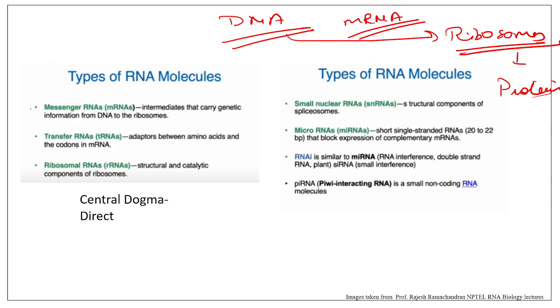This is one. Then there is tRNA, the adapters between amino acids and codons in mRNA. Now, this mRNA has all the information. It has the codon sequence.